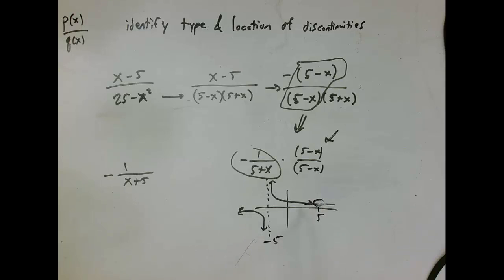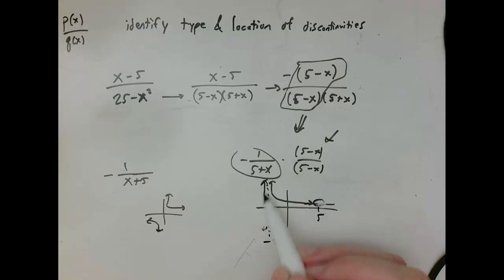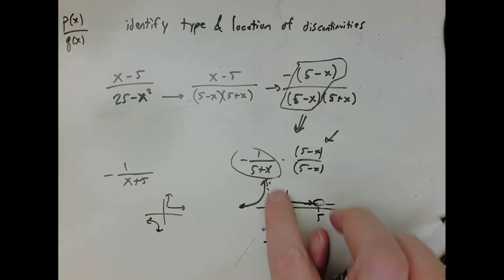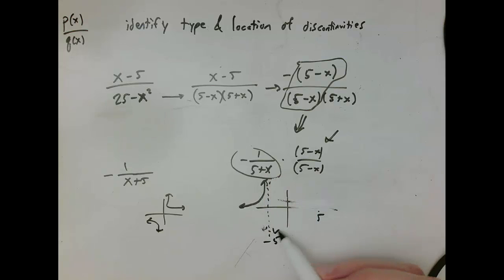So I just sketched this here by having a picture of this graph in my head, the 1 over x graph. I just imagined it shifting left by 5, and then, oh, I didn't flip it. My bad. And then it would flip this way, and then the hole would be here. Cool. So it would be something more like that.